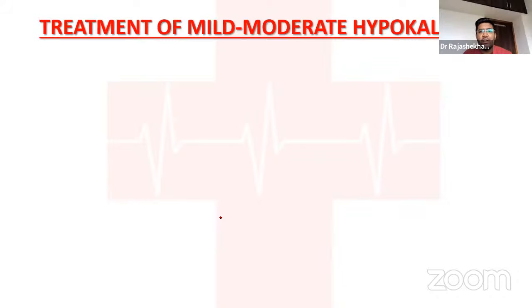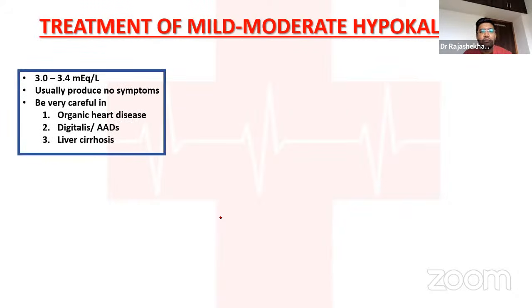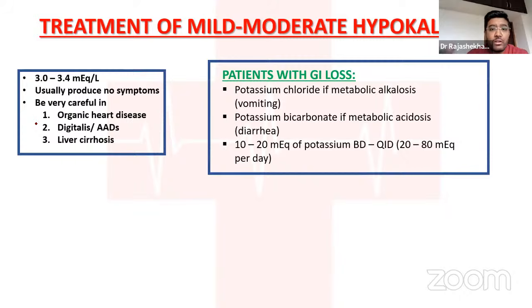And how to treat mild and moderate hypokalemia. So as I told you, 3 to 3.4, the mild to moderate hypokalemia, usually produces no symptoms, but you should be careful in some conditions. So in patients with mild to moderate hypokalemia, where the patient is losing this potassium from the GI tract, as I told you, if there is a metabolic alkalosis, like in vomiting, we can prefer potassium chloride.